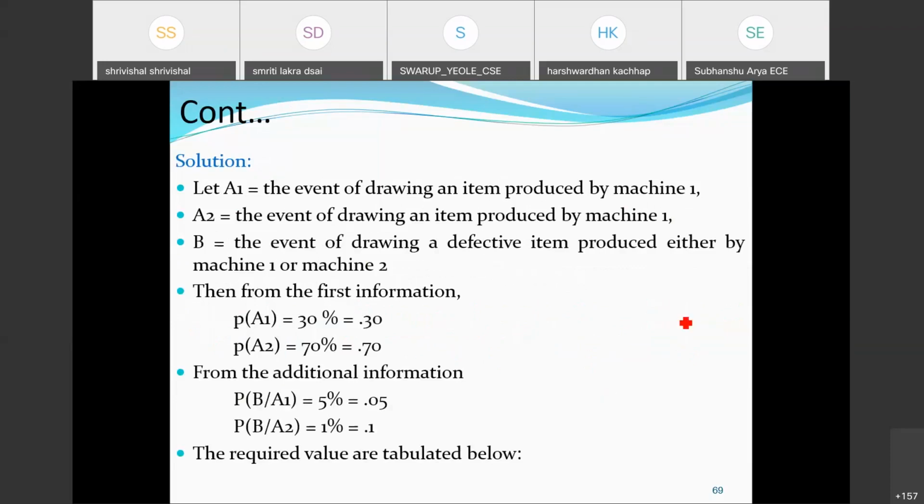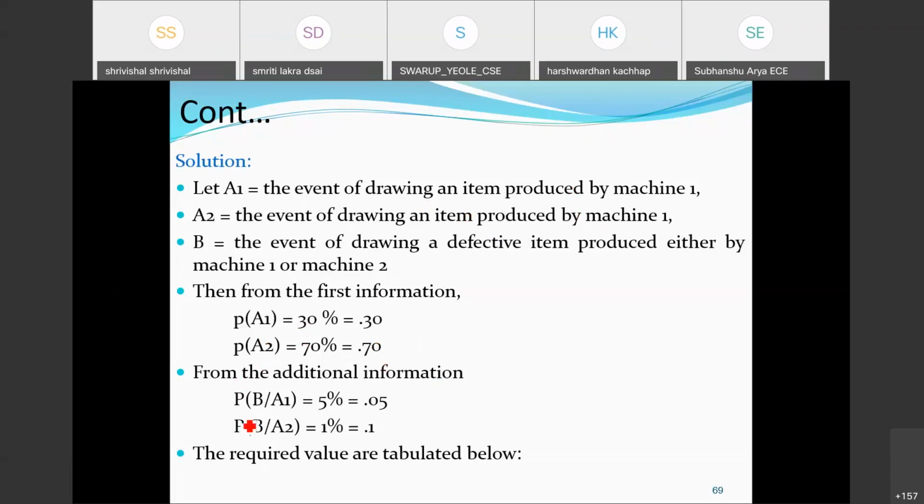Let us define the events, then we can go ahead. A1 is the event of drawing an item produced by machine 1. A2 is the event of drawing an item produced by machine 2. So we have defined the two events, A1 and A2. From the first information, probability of A1, output share 30%, means 0.3, and probability of A2, 70%, means 0.7.